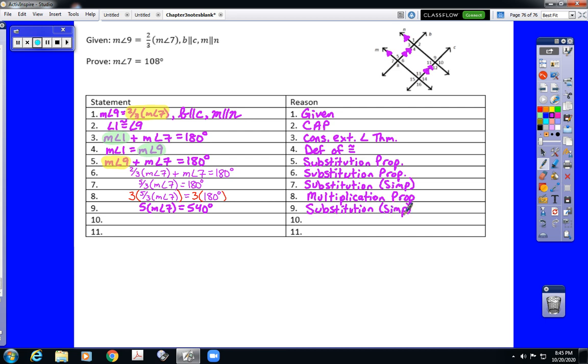Then, to get angle 7 by itself, we would proceed to divide both sides of that equation by 5. Now remember that when we divide, that's a two-step process as well. First we show it, so we show both sides of that equation being divided by 5, which is the step that gets labeled the division property.